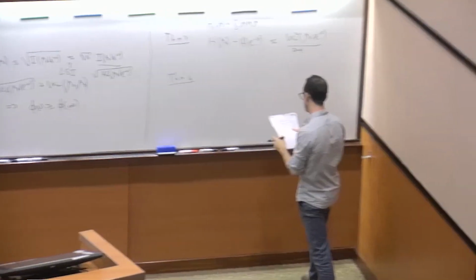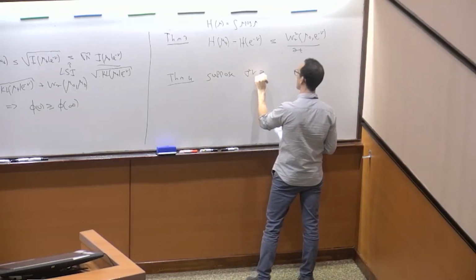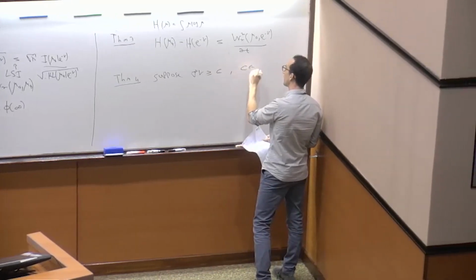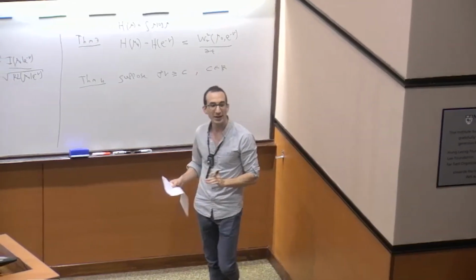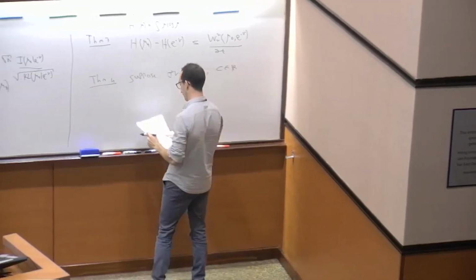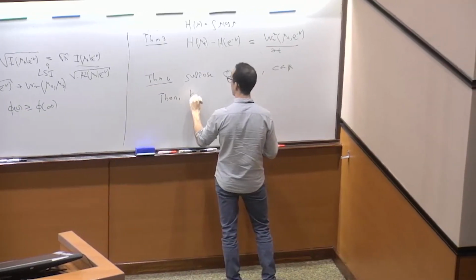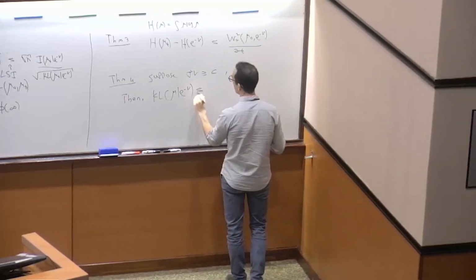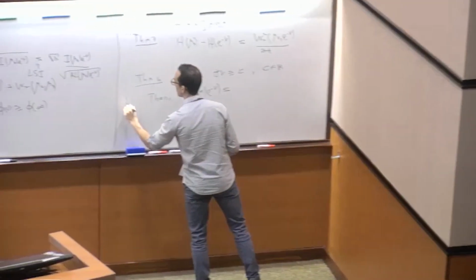Here's another result. Let's suppose that the Hessian of V is lower bounded by some constant C, but now, to emphasize, C is going to be any number. It doesn't have to be a non-negative number. It can be any number. Then we get what's called the HWI inequality.